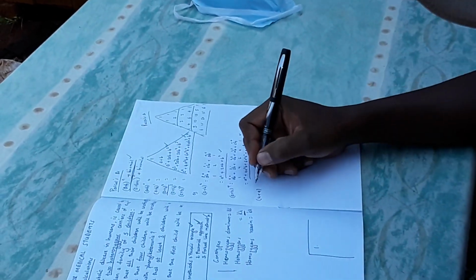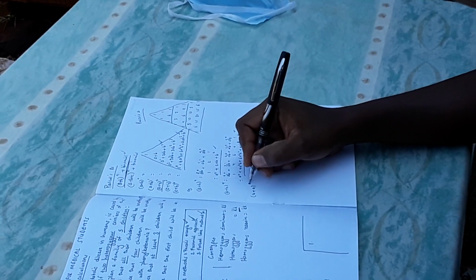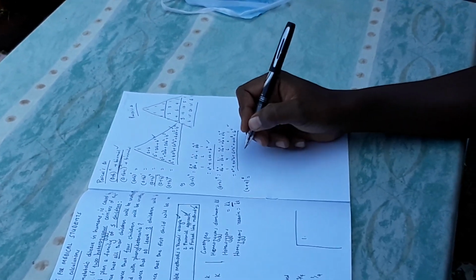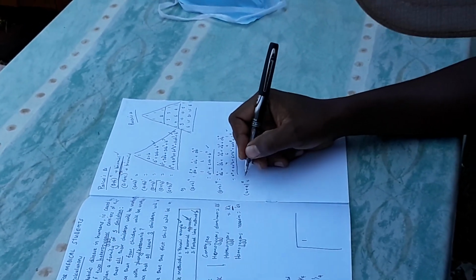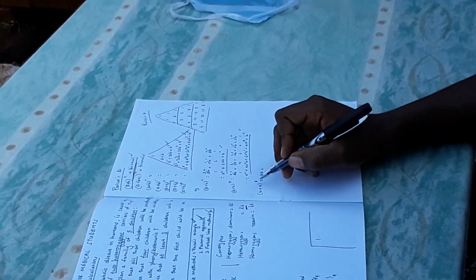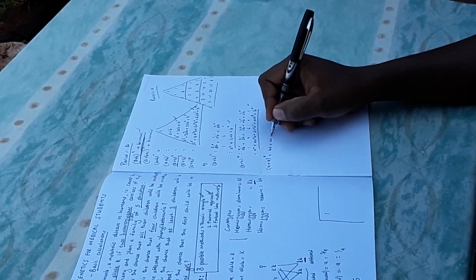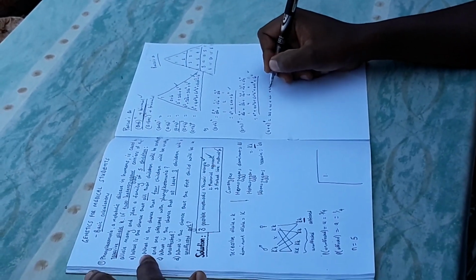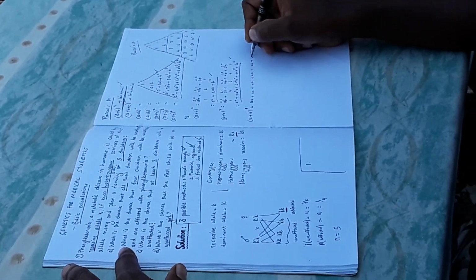They have 5 children. (u + a)^5. And if you expand, you get (u + a)^5 is equal to, first write (u + a) 5 plus 1 times: (u + a)(u + a)(u + a)(u + a)(u + a).